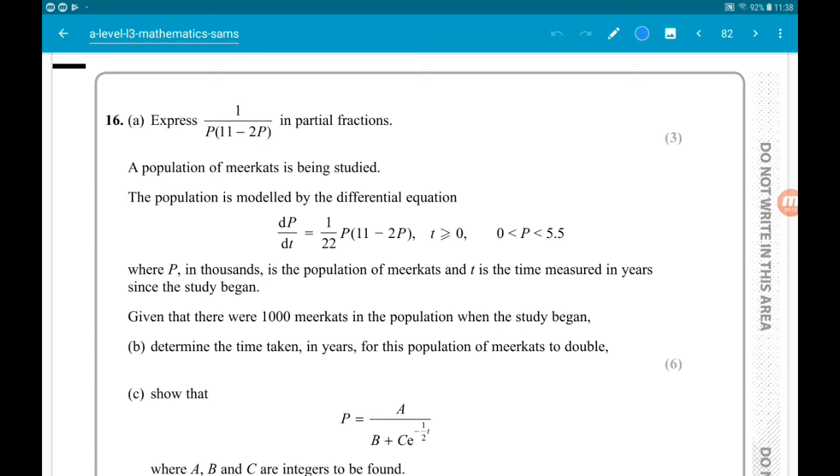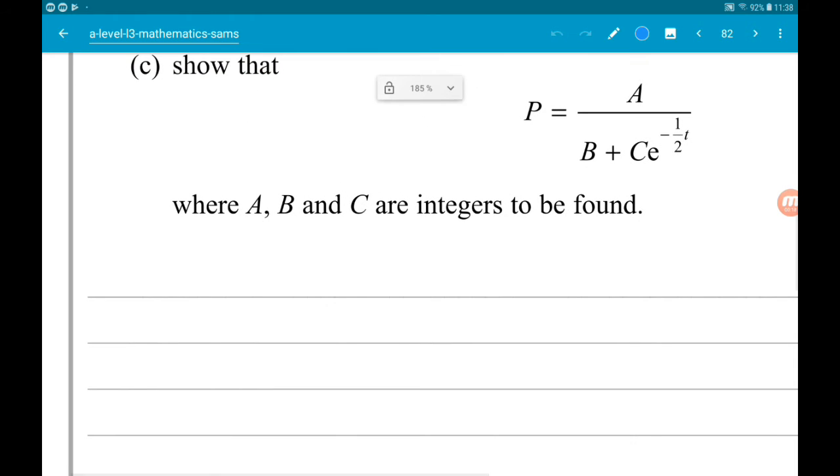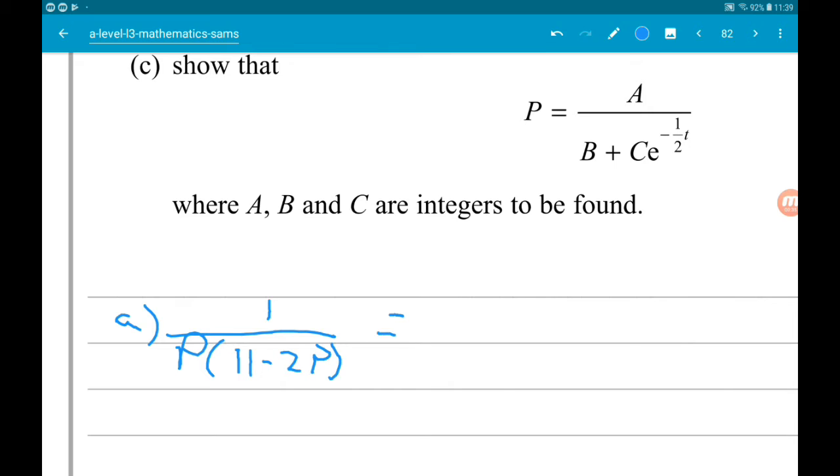Okay, so for part A then, we can say that 1 over p times 11 minus 2p is equal to a over p add b over 11 minus 2p.